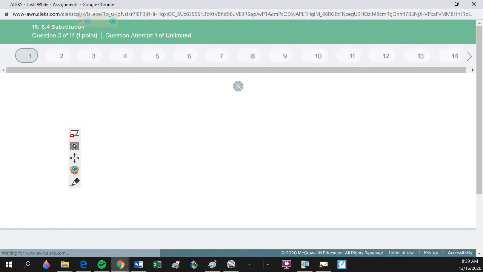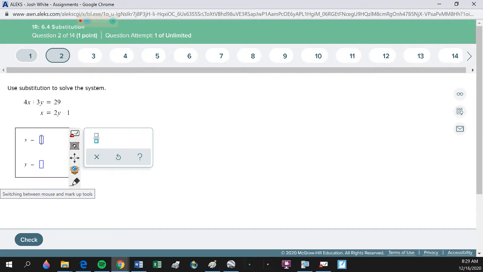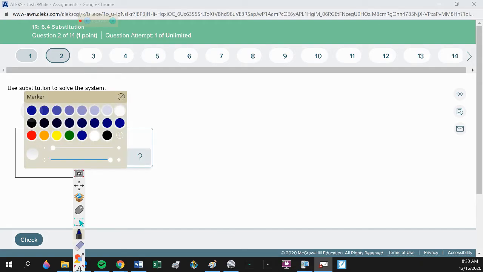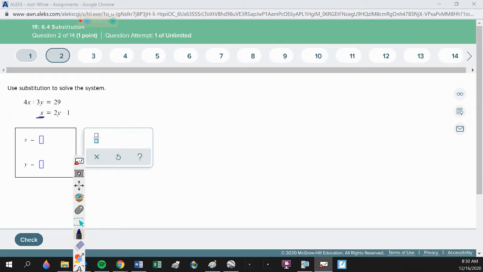All right, let's look at number 2. It doesn't really matter which variable you substitute, although sometimes one variable is easier than the other. In this case, I have one equation that says x is equal to 2y minus 1. Since that x is already by itself, that will be the easiest substitution to perform.